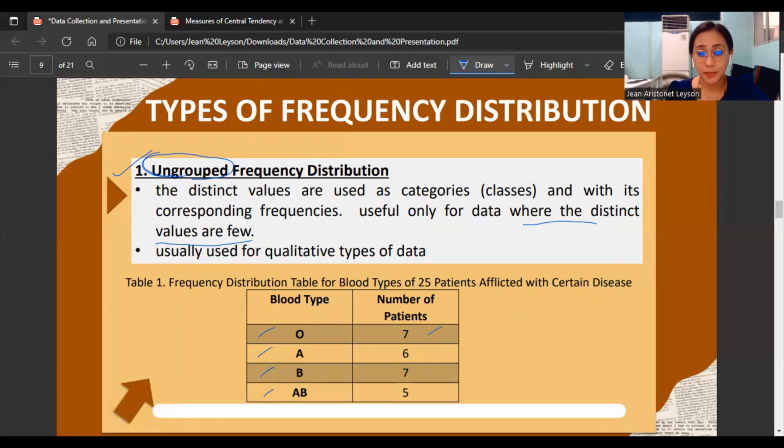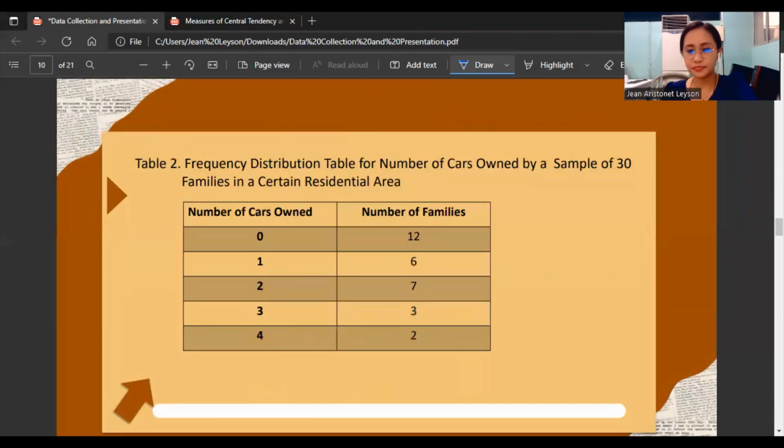There were 7 people with blood type O. For the second row, there are 6 people with blood type A. Third row, there are 7 people with blood type B. And last row, we have 5 people with blood type AB. So this is ungrouped. Each category is being shown.